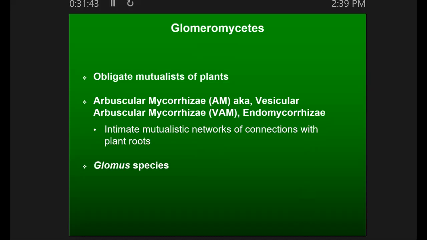Some people might say Glomus, I say Glomus. Glomus is probably one of the most well studied arbuscular mycorrhizal fungi. And so far, anyways, there's more species in Glomus than any others that we know of. So it's a really large group.